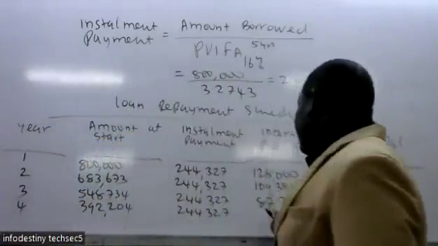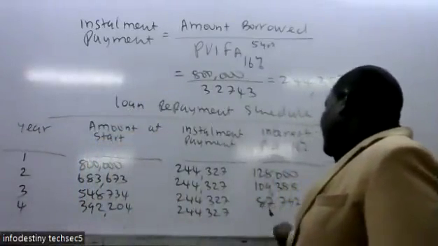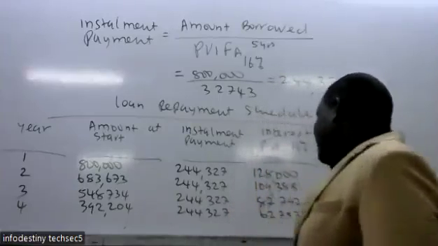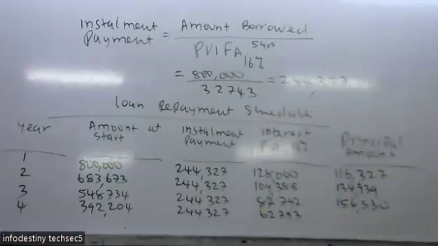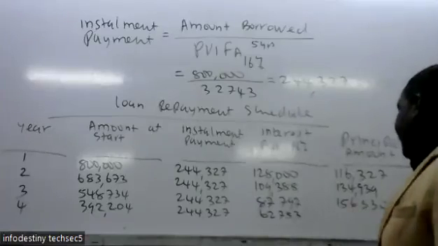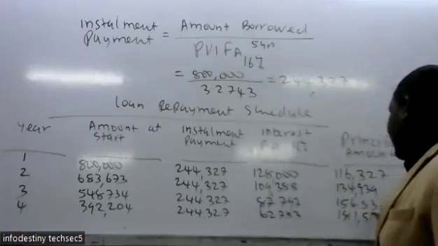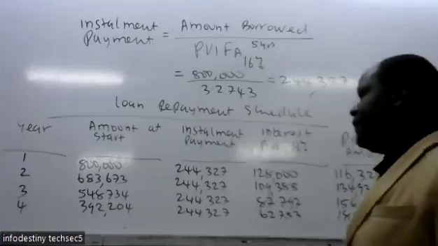So what should be the amount for the interest? 62,758. And 81,574.